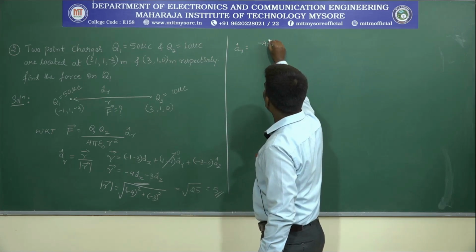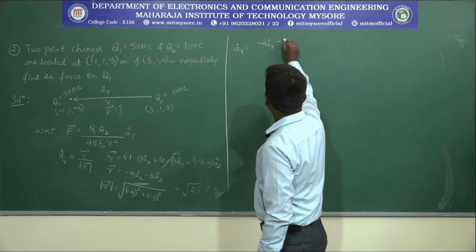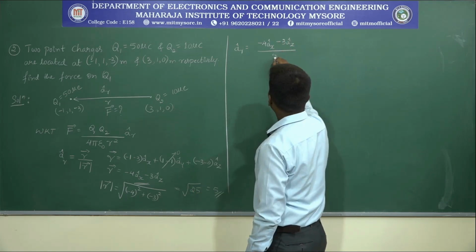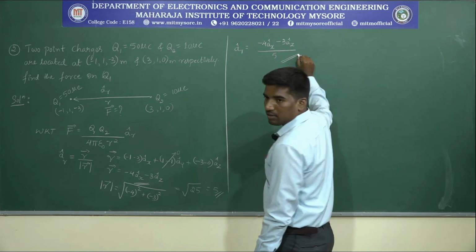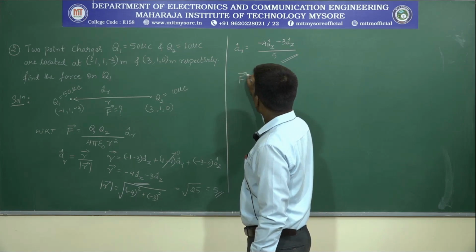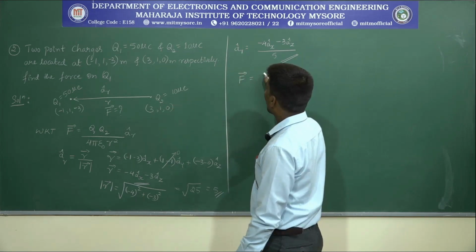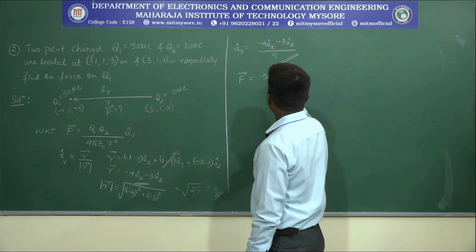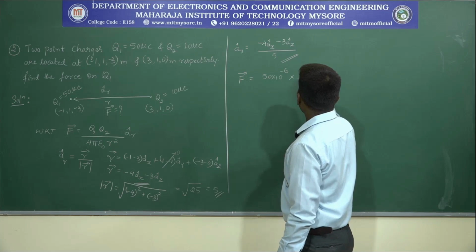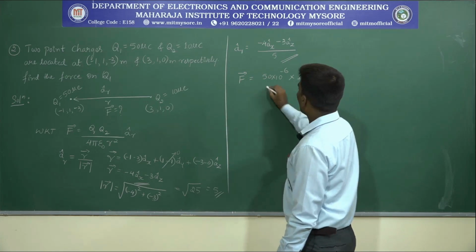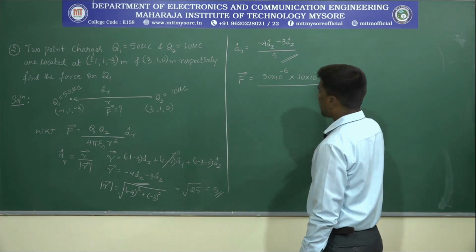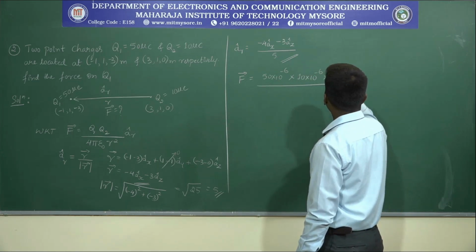Minus 4 a cap x minus 3 a cap z divided by magnitude of r. This is the unit vector we have got. Now substitute all these components into the Coulomb's law equation. What is Q1? 50 into 10 power minus 6. What is Q2? 10 into 10 power minus 6, whole divided by 4 pi epsilon naught.